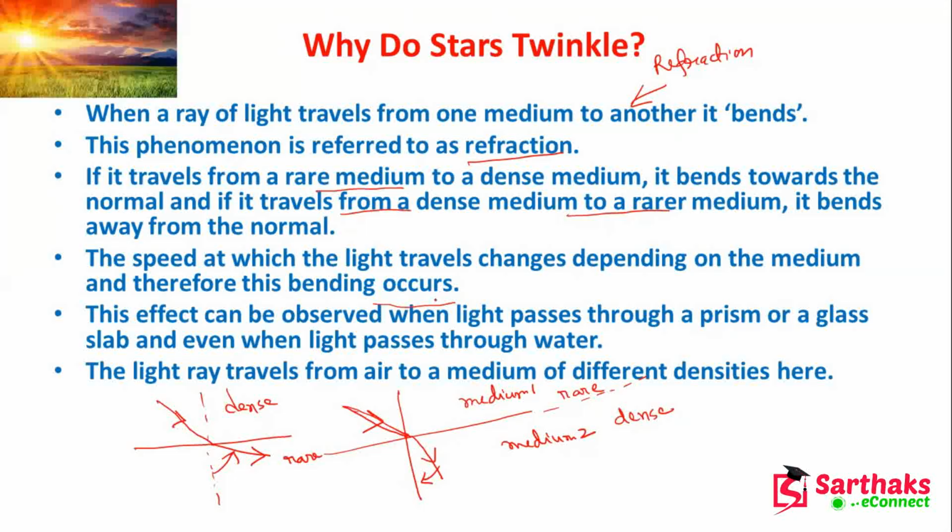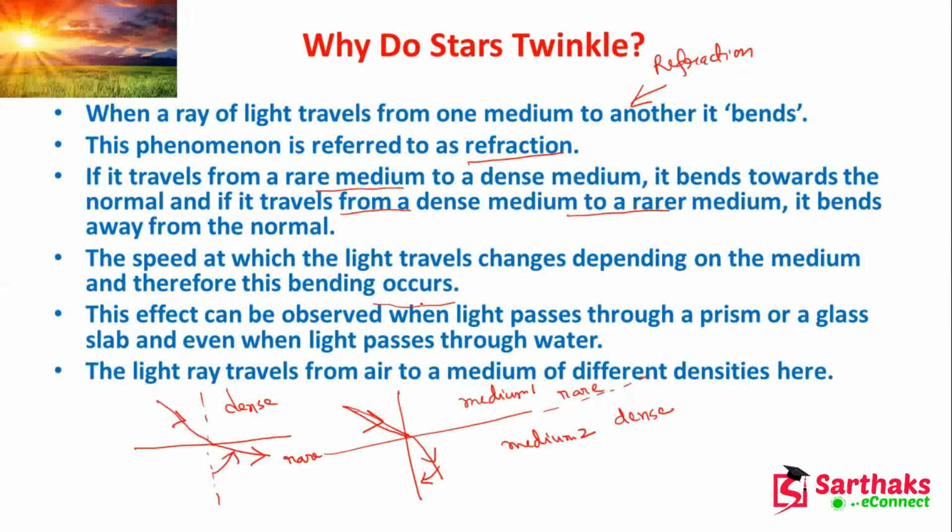This effect can be observed when light passes through a prism or a glass slab, even when light passes through water. If light passes from air to water, there will be a bending. If water to air, again there will be a bending.